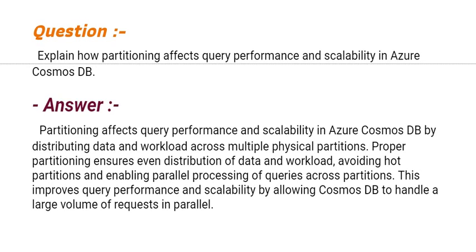Our next question is, explain how partitioning affects query performance and scalability in Azure Cosmos DB. Your answer should be, partitioning affects query performance and scalability in Azure Cosmos DB by distributing data and workload across multiple physical partitions.